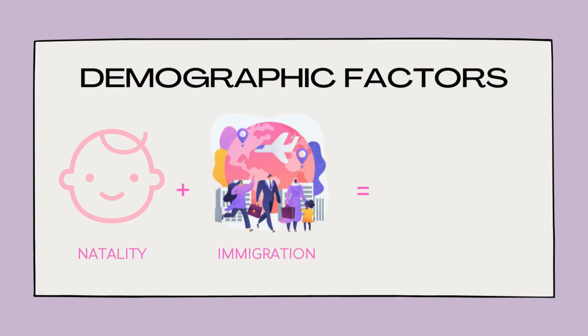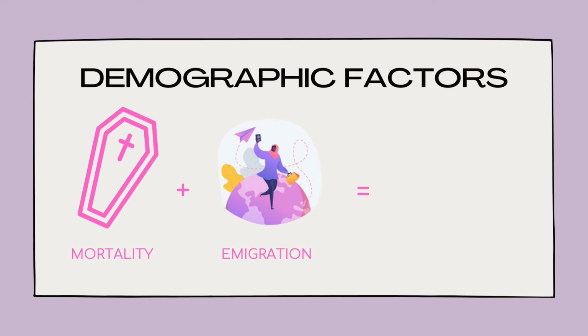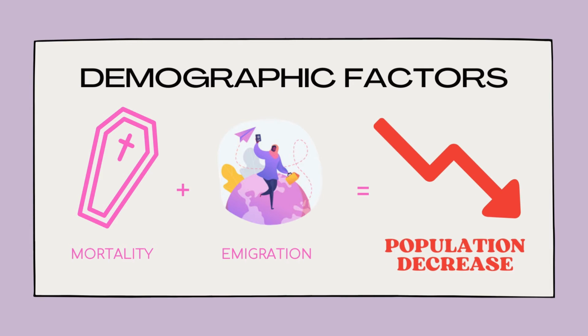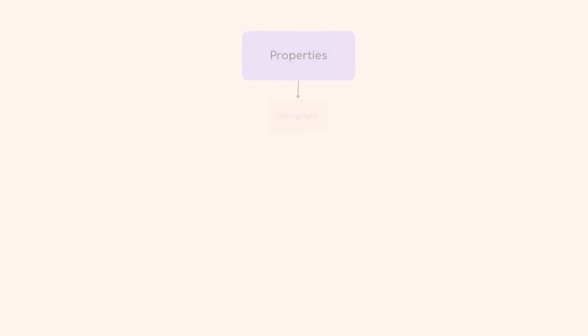Both natality and immigration increase population density, with new members entering the population through birth and organisms coming into new areas to reside and populate. On the other hand, mortality and emigration decrease population density as members exit the system they were in. Density of a population also causes biotic or density-dependent factors among organisms that limit the growth of their population. Further discussion will be tackled later on.